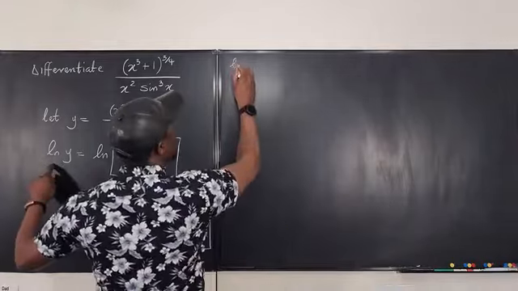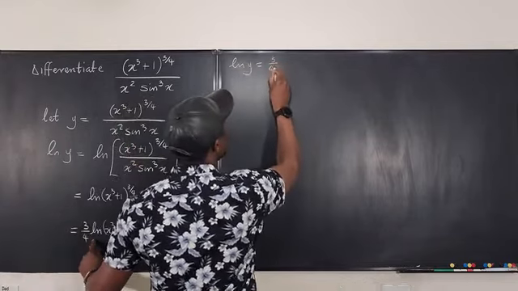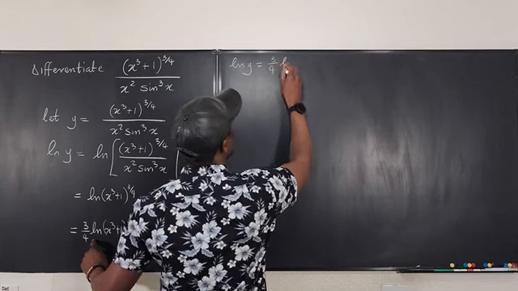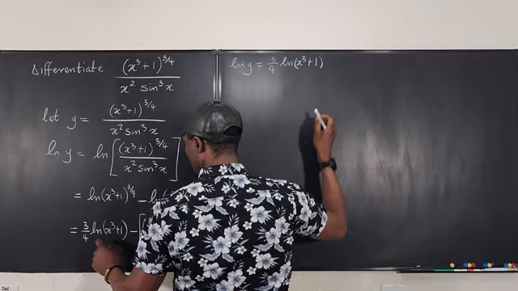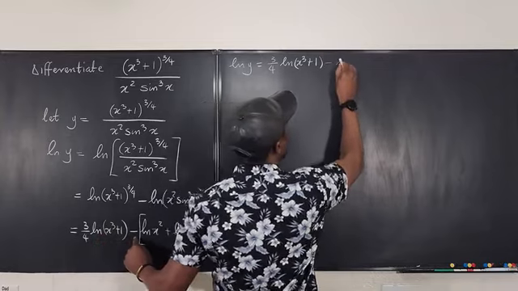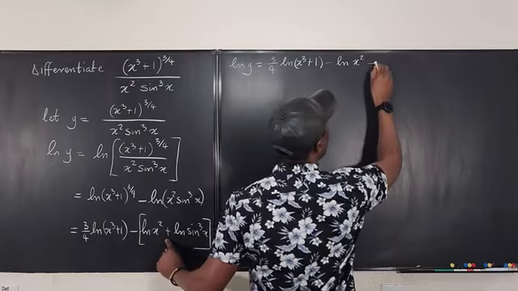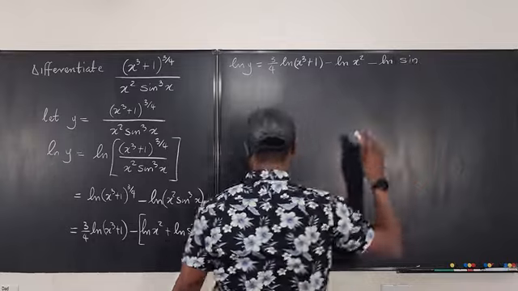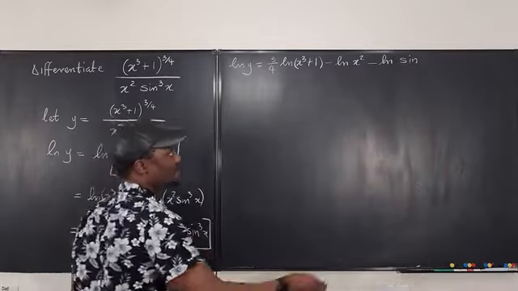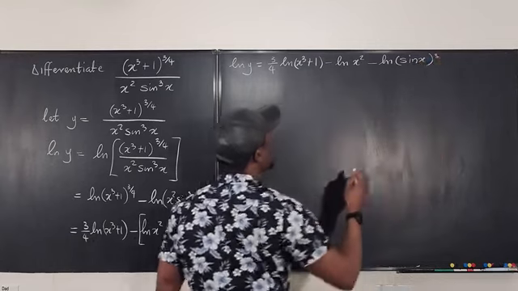So we're going to say the natural log of y is equal to 3/4 natural log of x cubed plus 1, and this is going to be minus the natural log of x squared, minus the natural log of, instead of writing sine cubed x, I'm going to write sine x cubed, because that's another way of writing it.